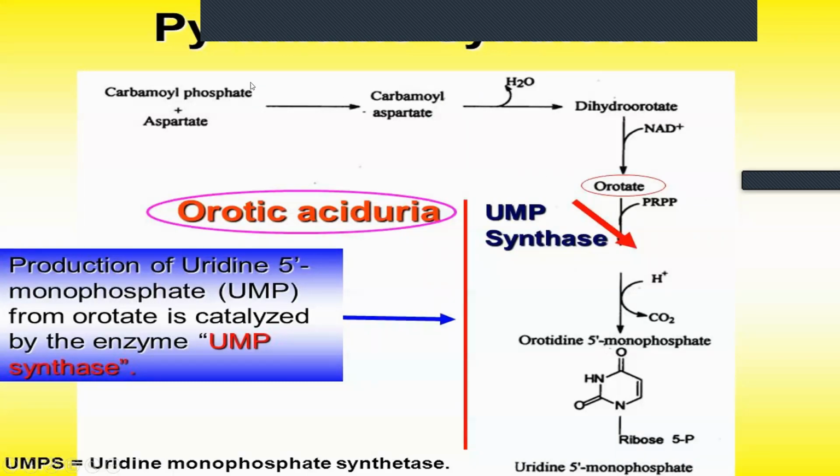But just remember that carbamoyl phosphate plus aspartate makes orotic acid. Orotic acid is also called orotate. To convert orotate into orotidine 5 monophosphate we need an enzyme called UMP synthase, which means uridine monophosphate synthase. The disease that occurs in the absence of the enzyme uridine monophosphate synthase is called orotic aciduria.